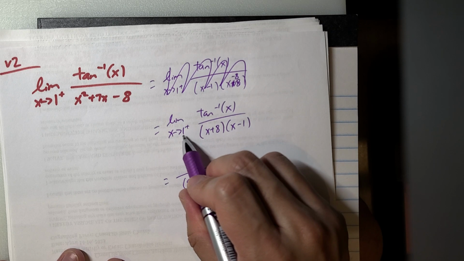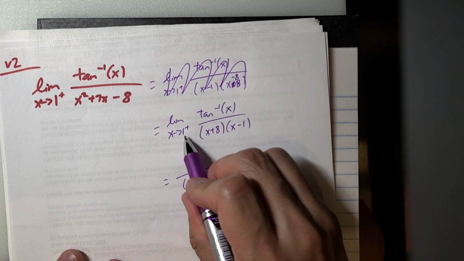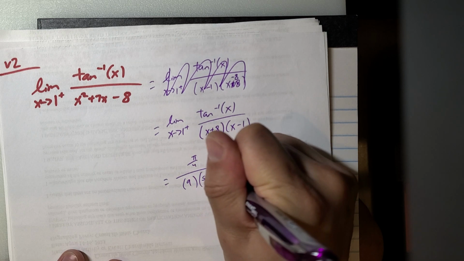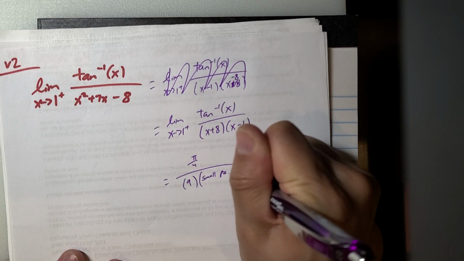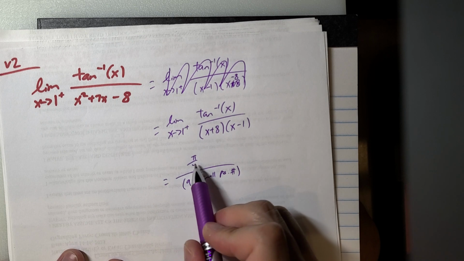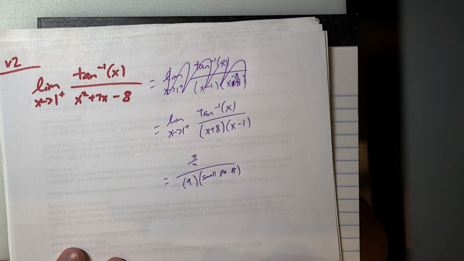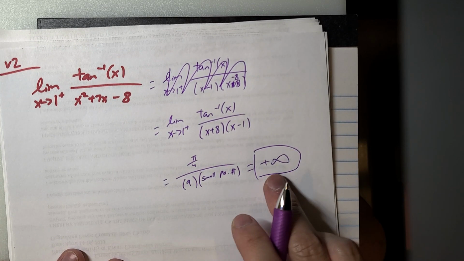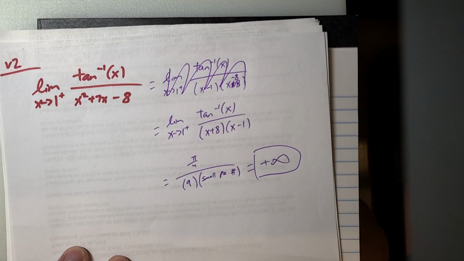For example, 1.001 is bigger than 1, but not 1 yet, so that would be a small positive number. The sign of everything here is positive, so we know that this is going to positive infinity. I would just put plus to make it very explicit that you're going to positive infinity.